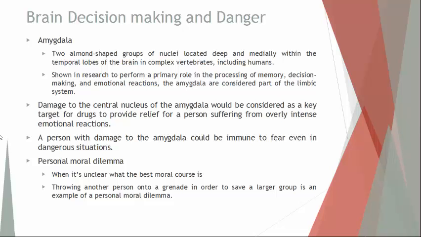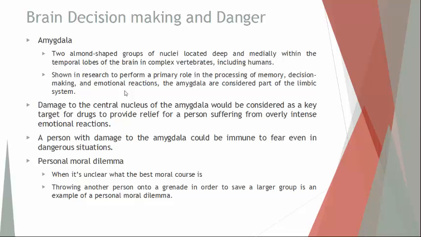Going back to emotional reactions, if a person has normal amygdala function, they're able to recognize just by a person's face if someone is happy, sad, scared, or nervous. Just by looking at their face, you are able to recognize and process emotional responses and respond accordingly. If there is damage to the amygdala, that person can't.